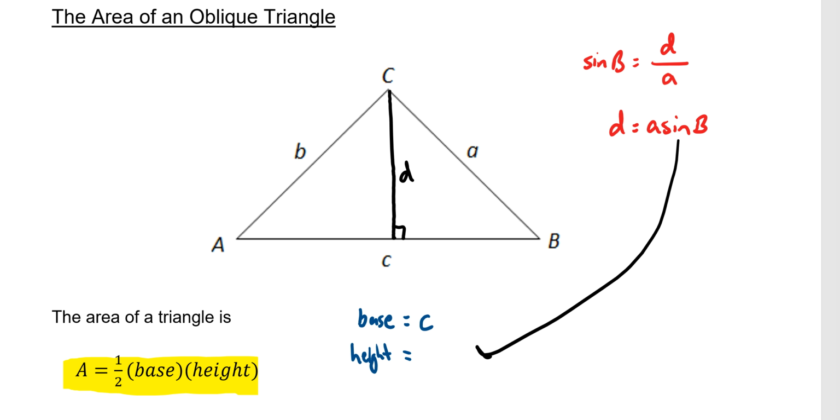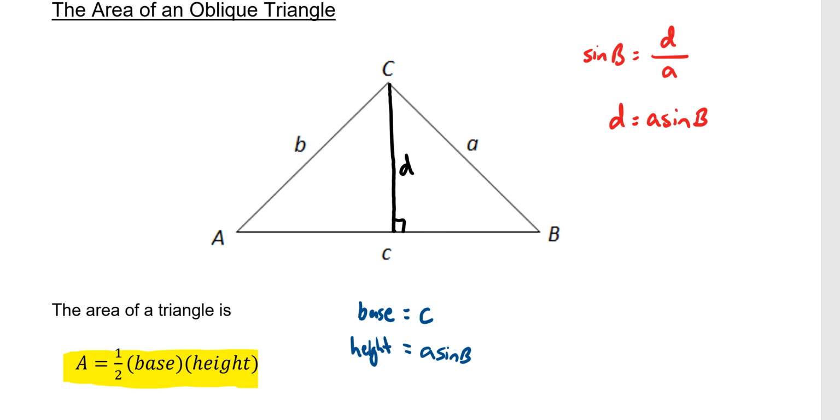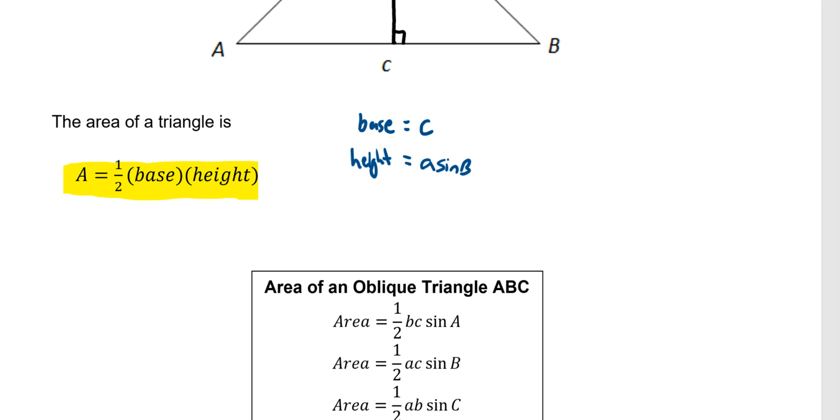So we can actually go ahead and replace this with A sine of B. So based on this setup, the area of this triangle, 1/2 times the base times the height, is 1/2 times C times A sine of B. That is one formula for this triangle.